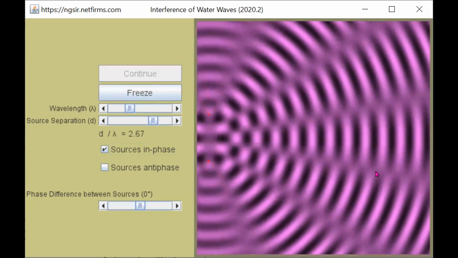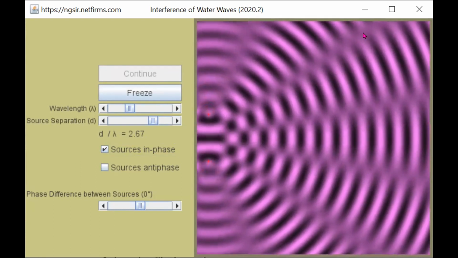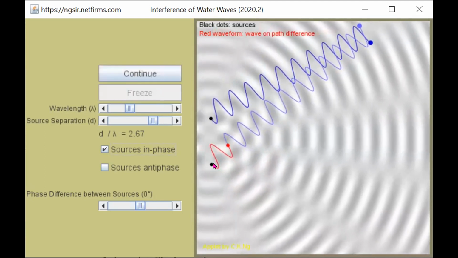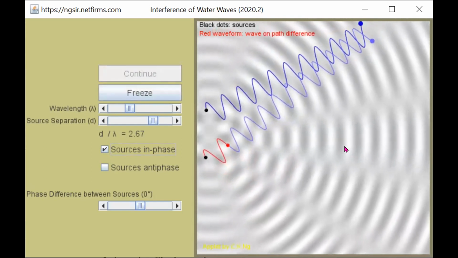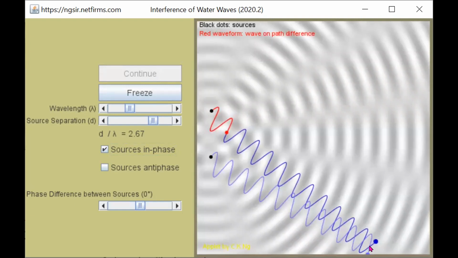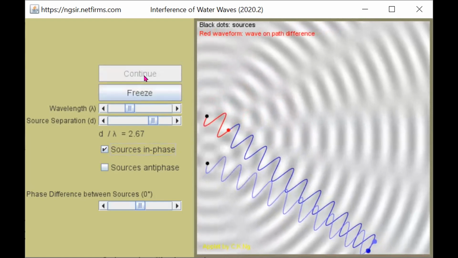So this is the first minima, and this is the other first minima. This is the second minima. And if I freeze that, look at that. That is actually 1.5 waves. It's not 2 waves. And if I go down to the second one below, you could see that that's also 1.5 waves.